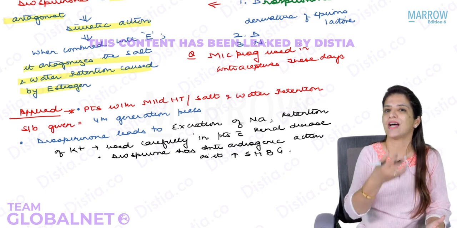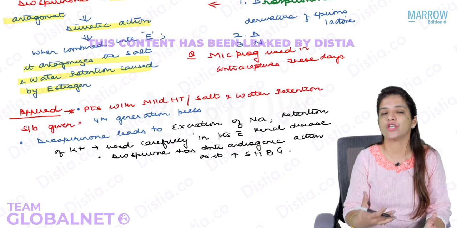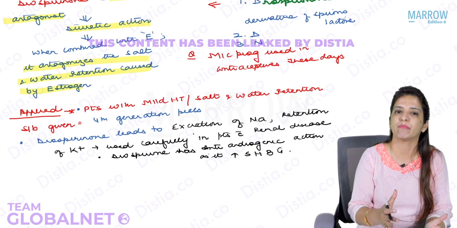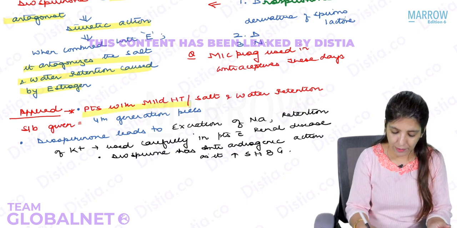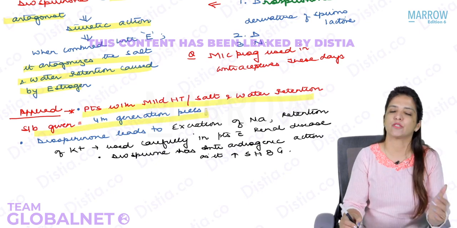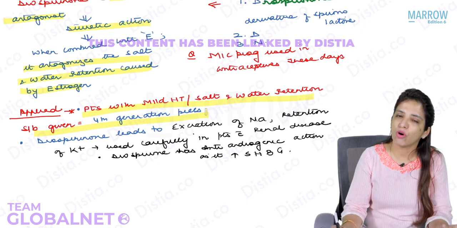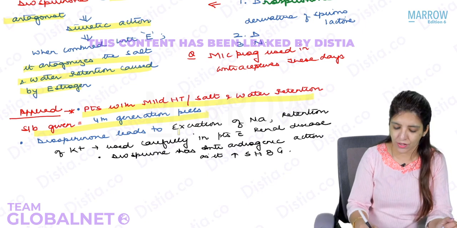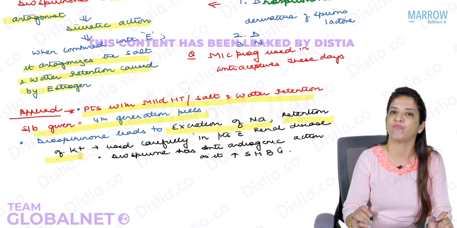Similarly, if your patient has salt and water retention when using an oral combined pill, it's better that you use a fourth generation pill containing drospirenone. The other important applied aspect to remember is that because drospirenone has a diuretic action, it is going to lead to excretion of sodium, but it is going to lead to retention of potassium.